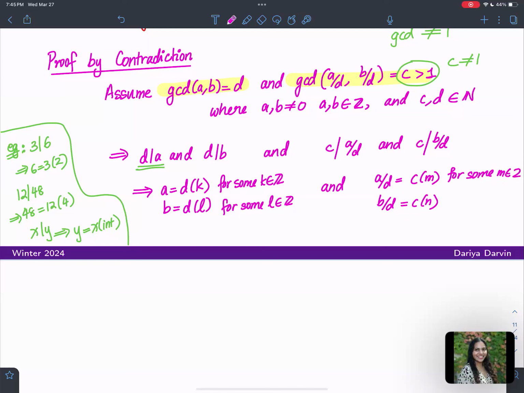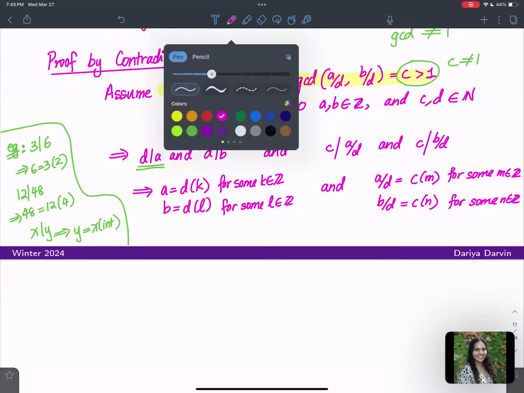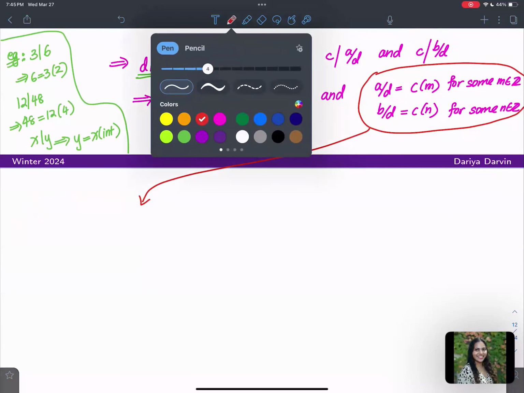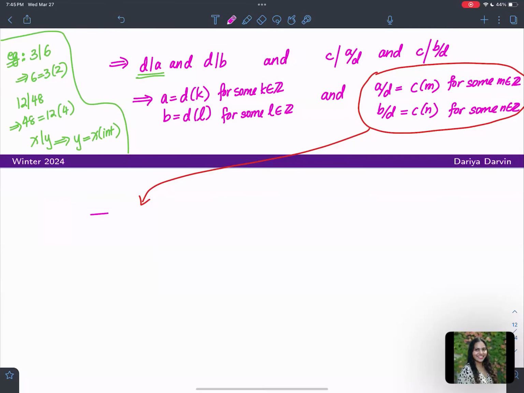Again, if you guys have any doubts, just put it in the chat. For some N in the integers. Okay. Now we're going to pause this left side and we're really going to focus on this half of it. Again, if you have any doubts, put it in the chat.